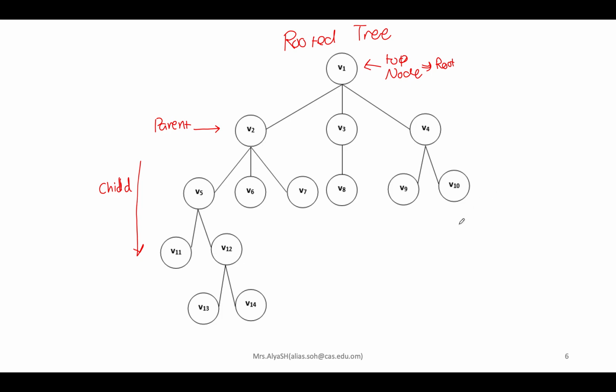Now those that are the last vertex in a tree, we call a terminal node, which means they are the end, nothing under those nodes. Parents also have another name, which is internal node.